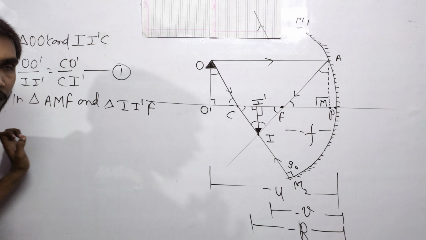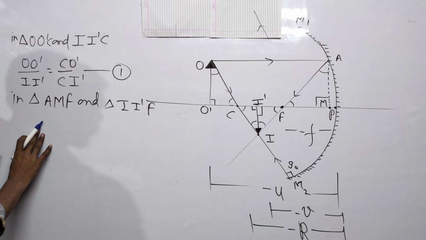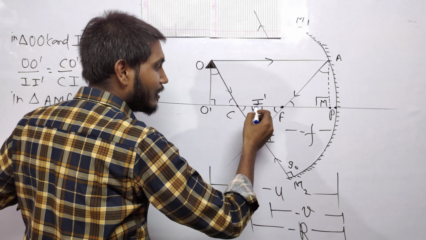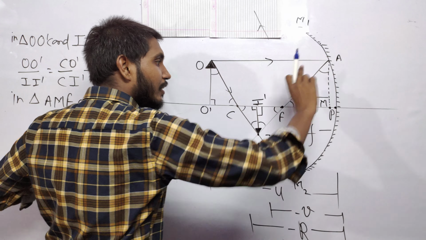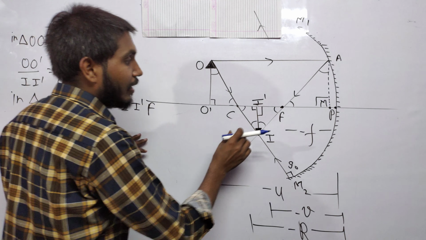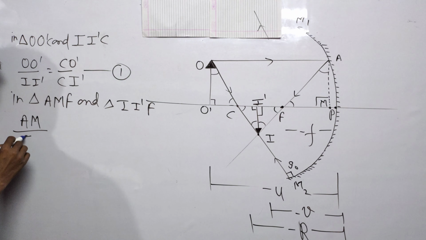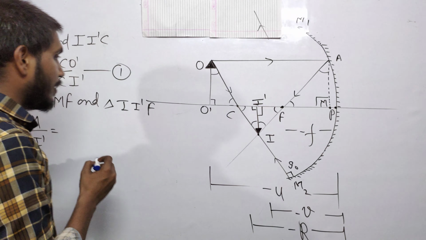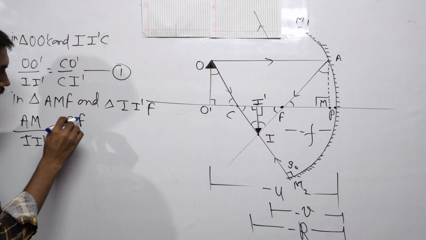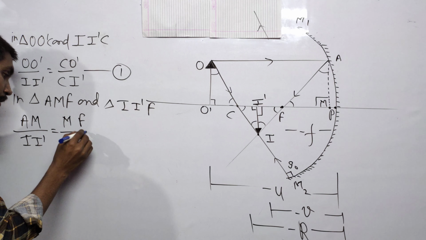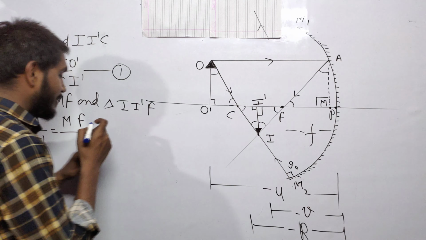So both triangles are similar. These triangles and these triangles are similar. So the ratio of AM upon I dash is equal to PF upon, that means to say MF, not PF, MF upon I dash F.